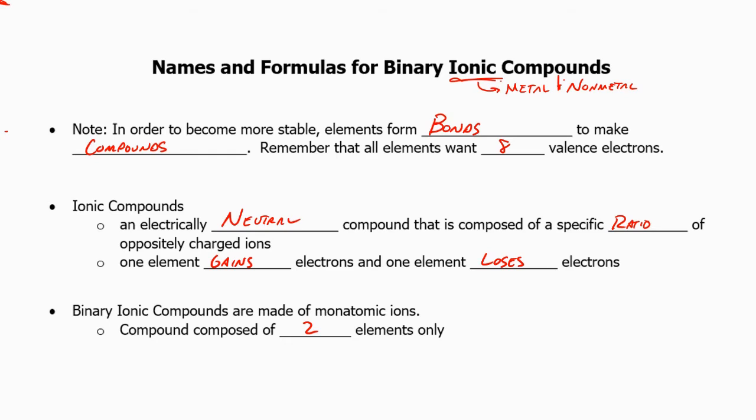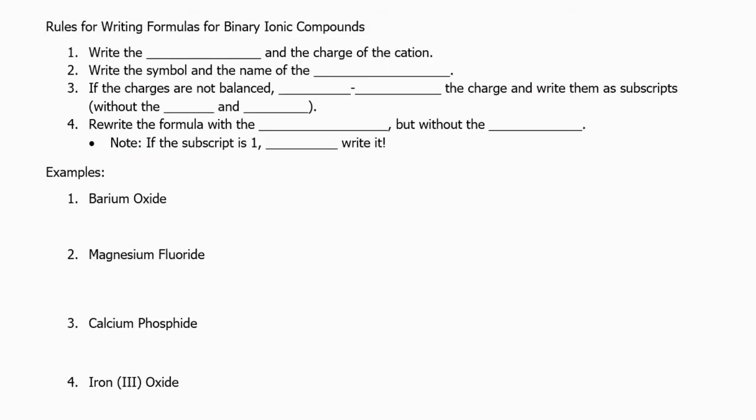Let's talk about our rules for writing out the formulas of our ionic compounds. The first step is to write out the symbol and the charge of your cation. When we say the symbol, we mean the abbreviation given on the periodic table. Then we write out the symbol and the charge of our anion.